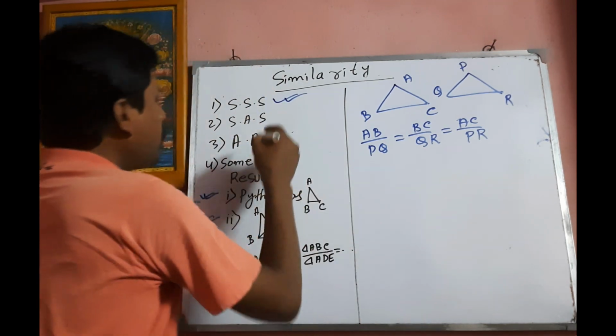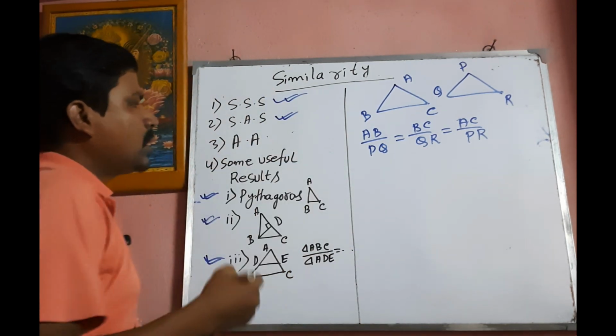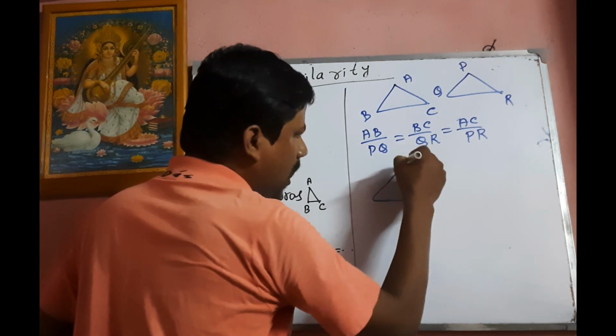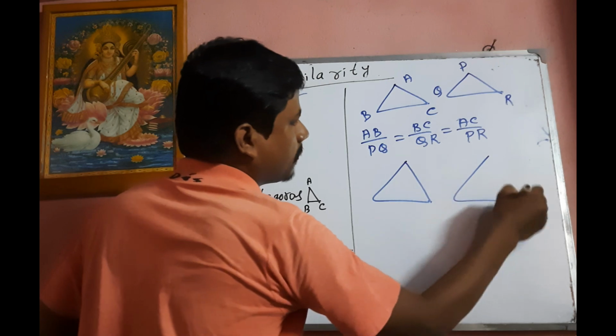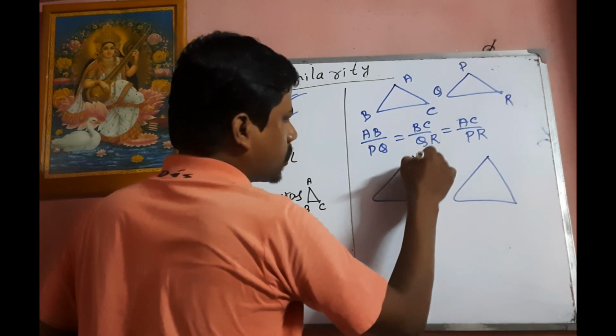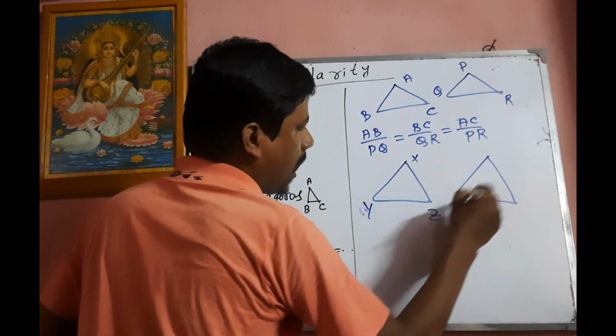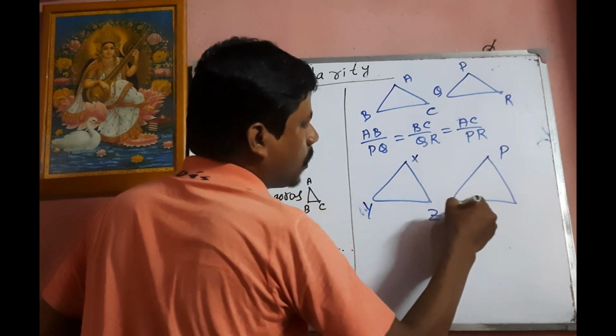And now we move to the second. In the second, suppose another two triangles, XYZ and PQR.